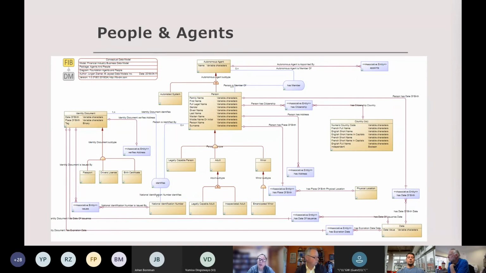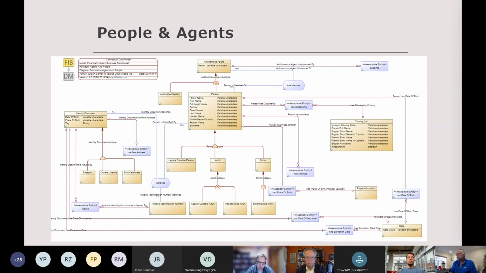Right. So, let's say the insurance agent, Howard, no? Yes. That could be a firm, it could be a person. So the common supertype lets you relate to any of these so that you don't create multiple relationships to person, organization, and so on, no?